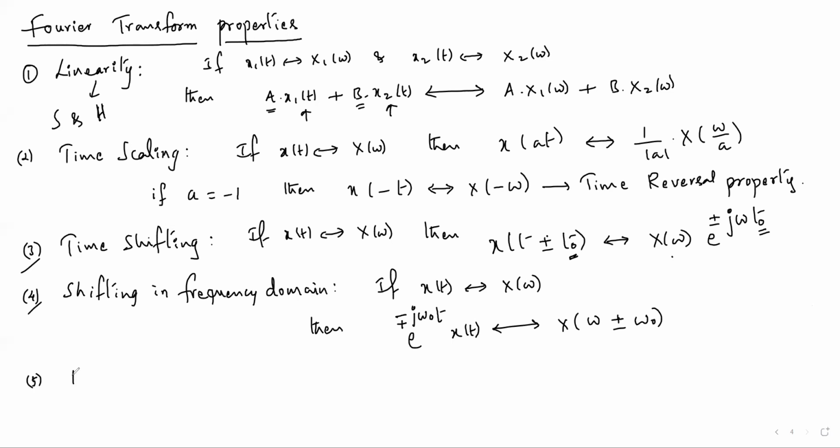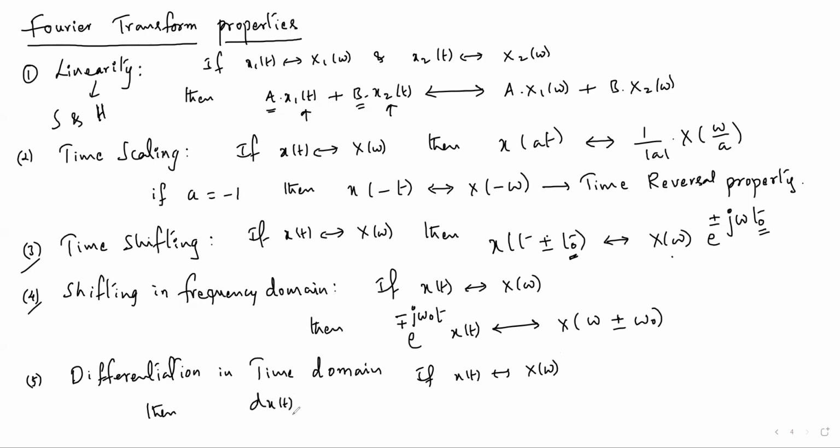Fine. Next one. Differentiation in time domain. So if x of t Fourier transform x of omega, then derivative of x of t Fourier transform is j omega x of omega.